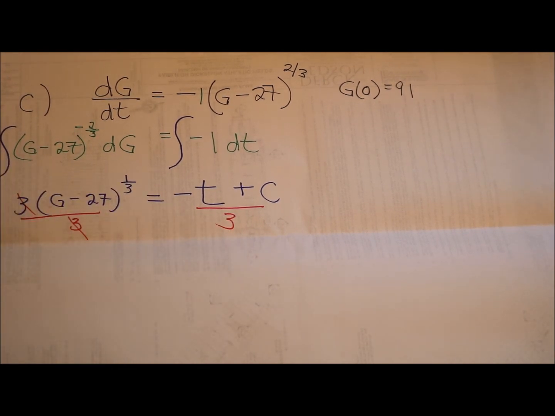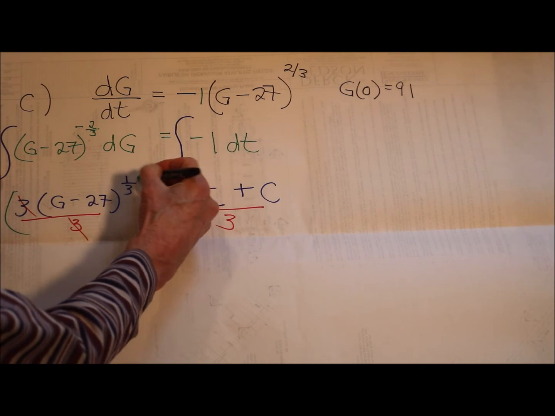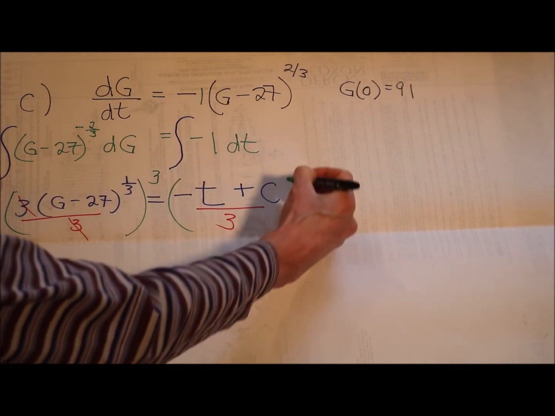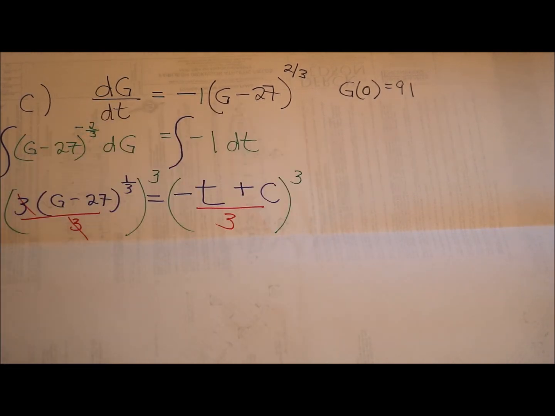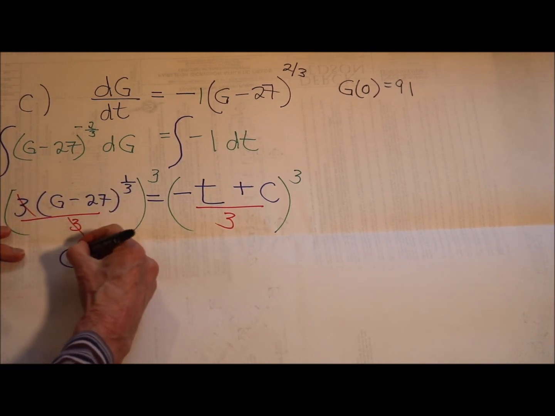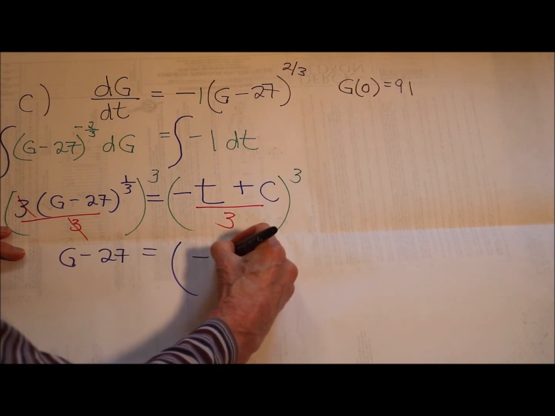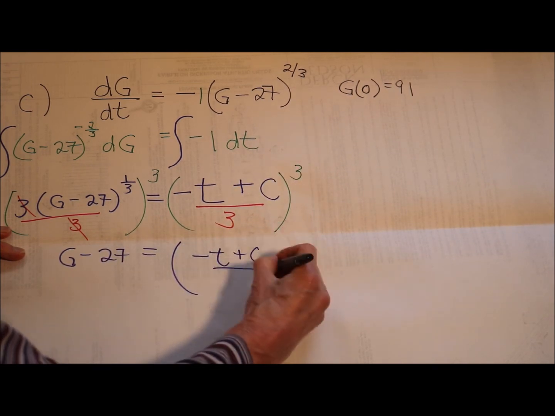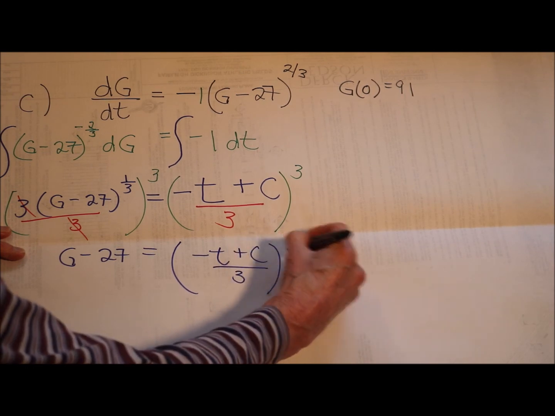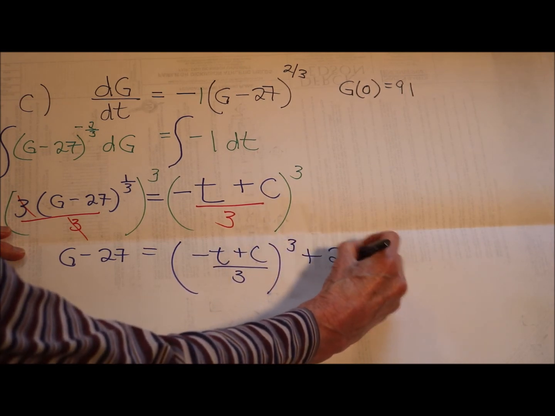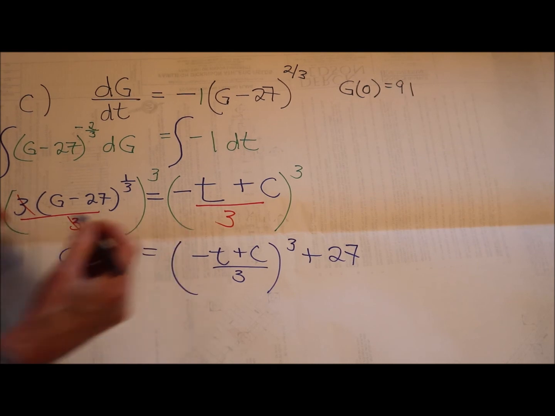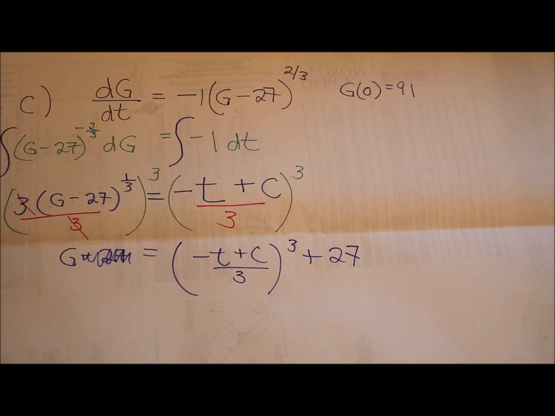Now I'm going to cube both sides to get rid of that cubed root. So I have g minus 27 equals that whole shebang. And lastly, I'm going to add 27 to both sides. So I have g equals the quantity -t plus c all over 3, all cubed, plus 27.